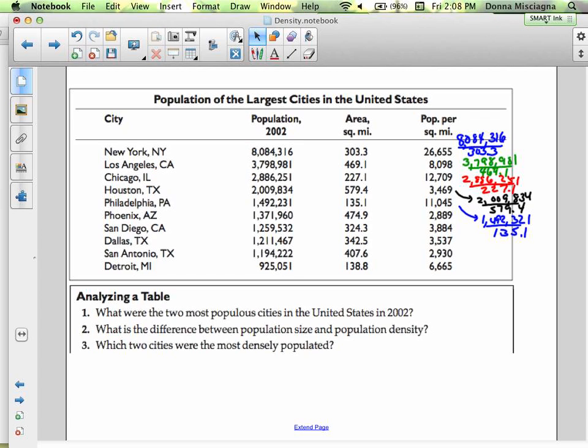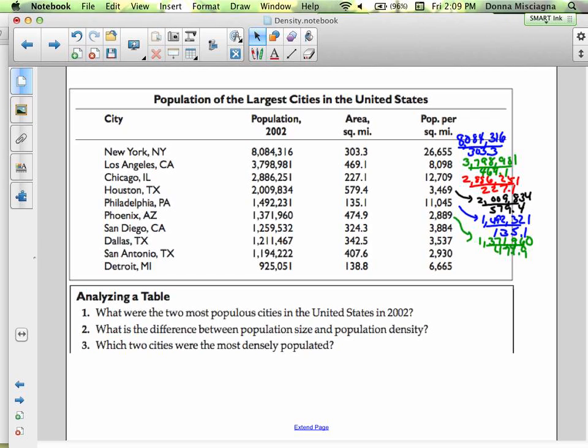And maybe I'll do them all real quickly. This one here was Phoenix, so 1,371,960 divided by 474.9. Right?